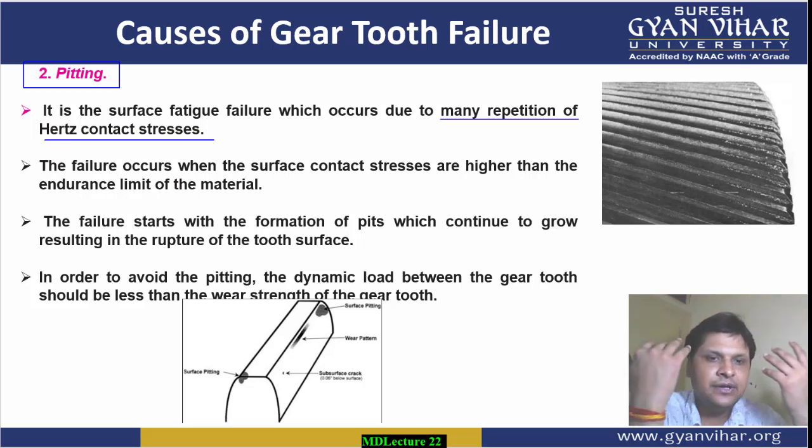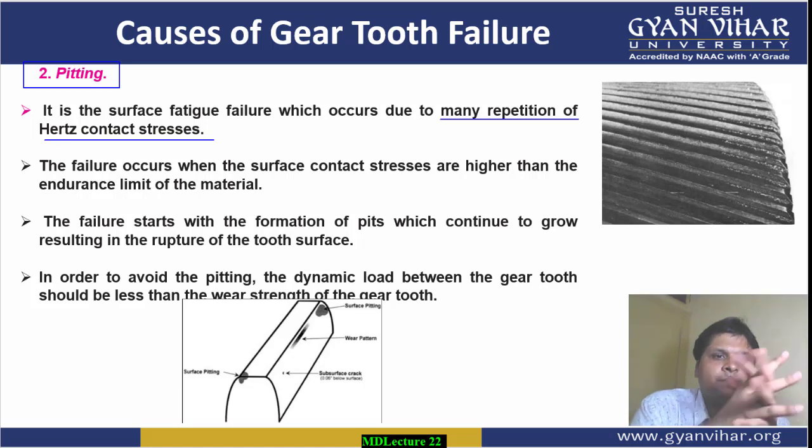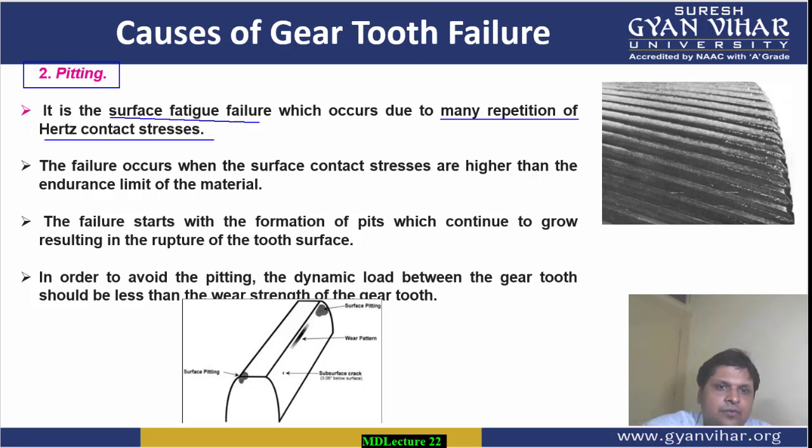When the gear is in operation, what happens? These Hertzian contact stresses are repeated again and again, and due to this there is a surface fatigue failure, which is known as pitting. And how does it start?